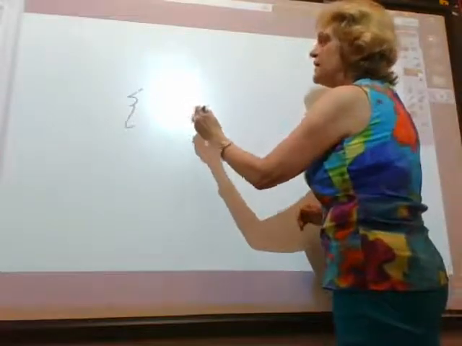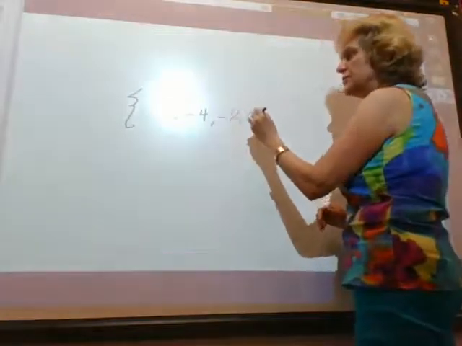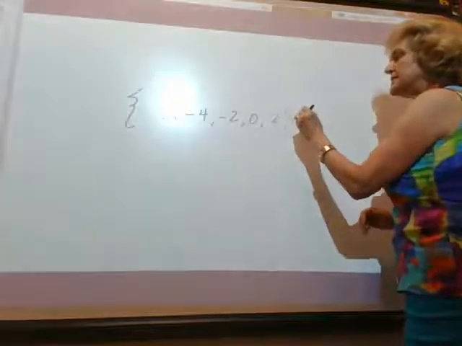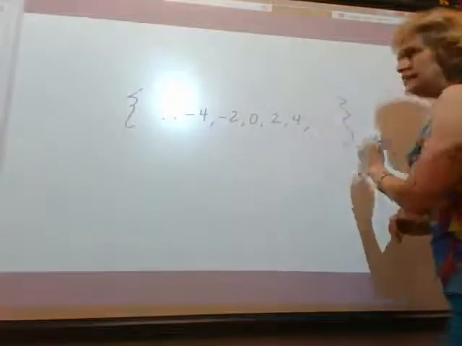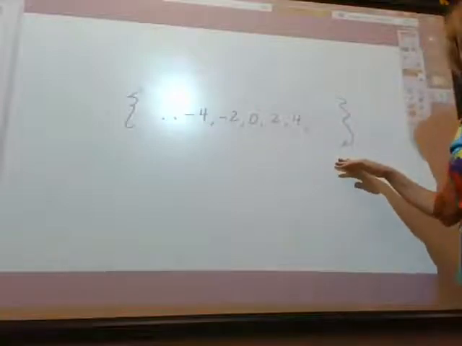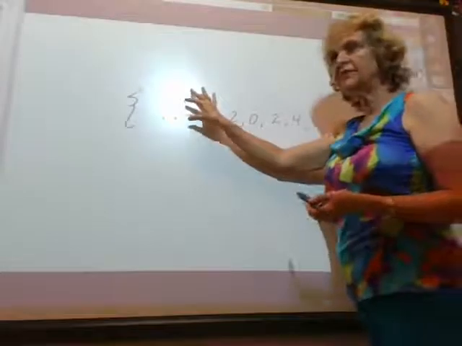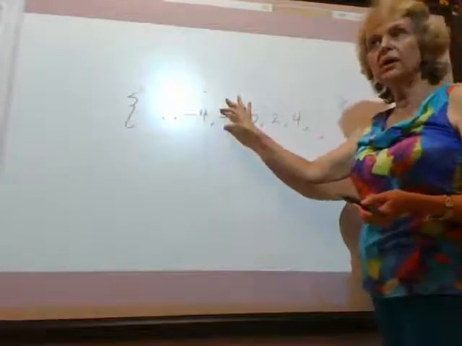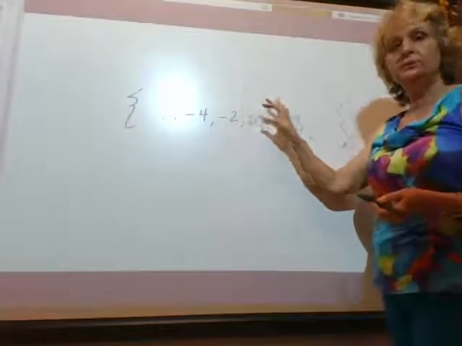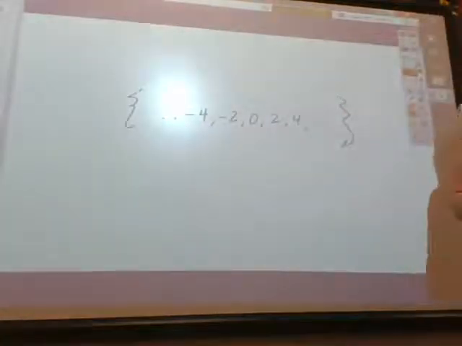You'd want to give me a couple of them, maybe -4, -2, 0, and then some positives, and then your ellipsis. So you've illustrated the set of even integers. If you were doing the odds, you might want to do -3, -1, 1, 3, 5, just a few on both sides, okay?